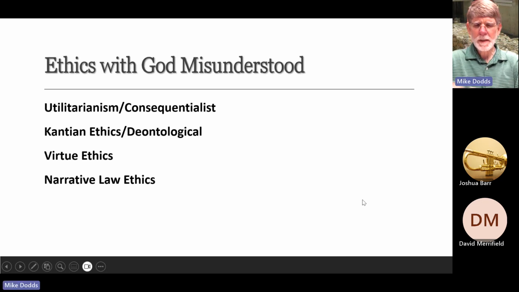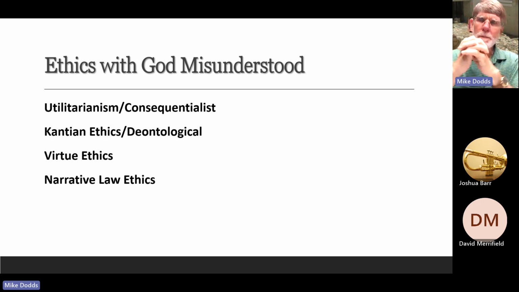Let's shift to the second category in our author's textbook, ethics with God misunderstood. There's a supreme being of some form, a supreme entity, an intelligent designer, perhaps. Those are in that movement. They would maybe be thinking along these lines.